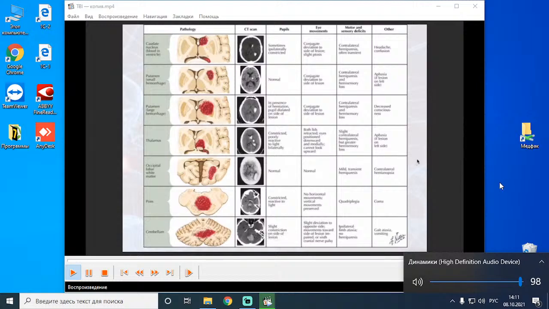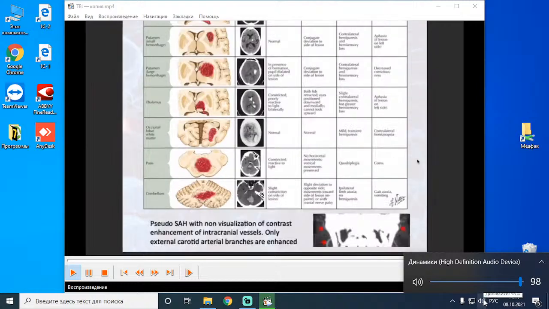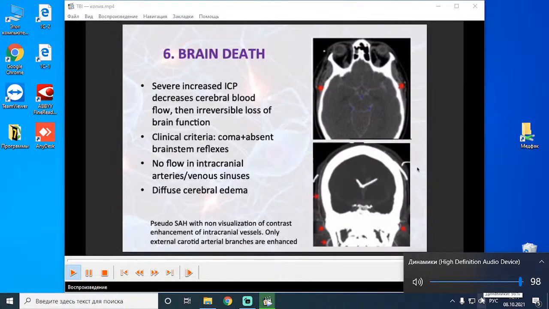And here you can see in the imaging symptoms, other factors. Brain death. Severe increased intracranial pressure, decreased cerebral blood flow, then irreversible loss of brain function.